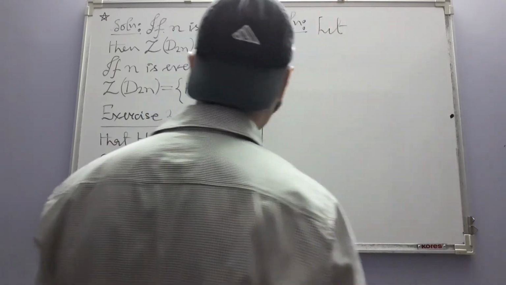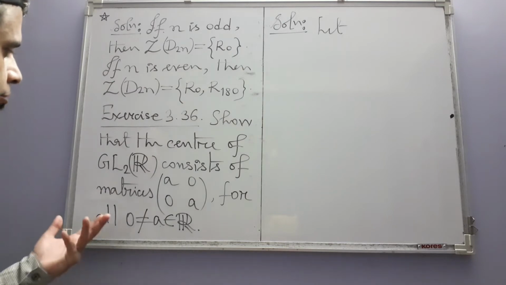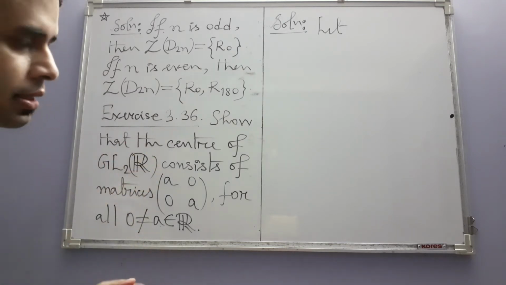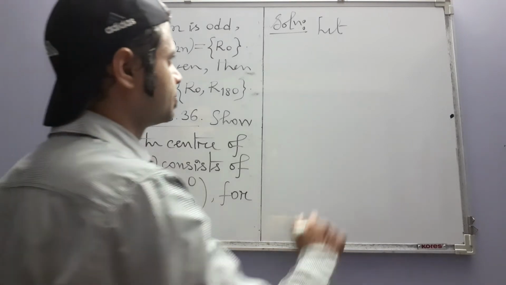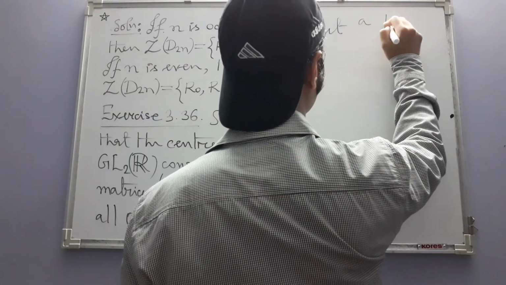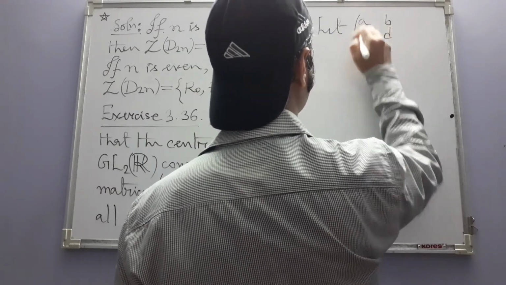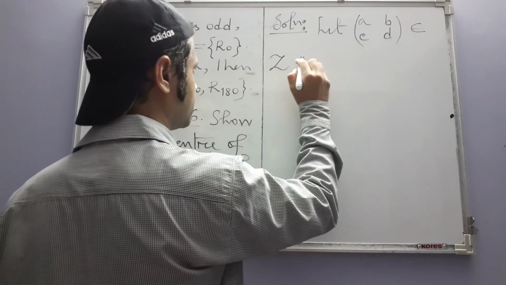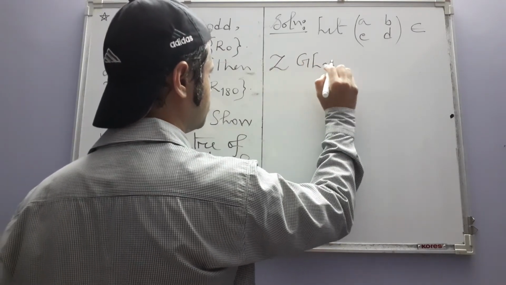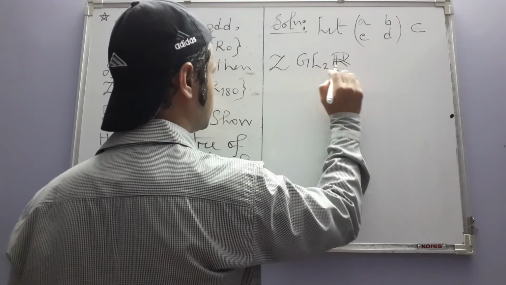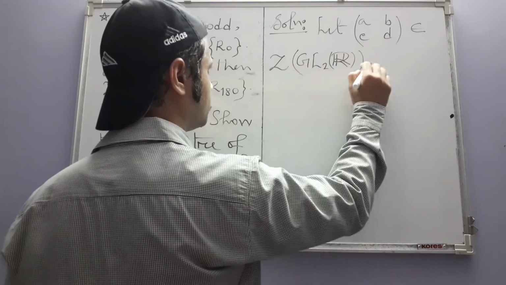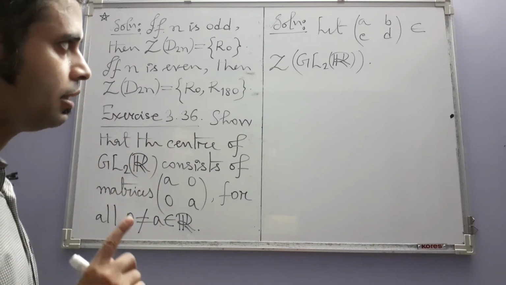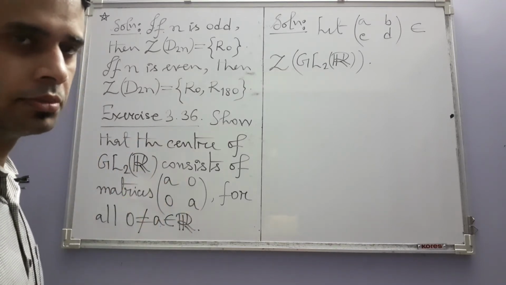So to figure out the structure of a matrix in the center of this group, we take any matrix in the center and see what we have. So let this matrix belong to the center of the general linear group. That simply means that this matrix commutes with every matrix in this group.